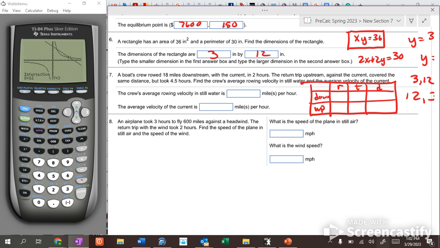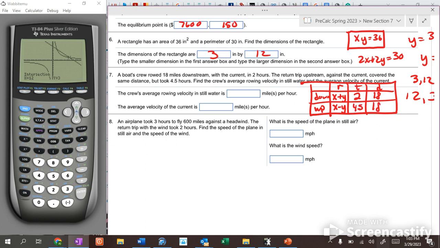Now your rate, if you're going downstream, you don't know how fast you're going, but the stream is helping you. You're going for 2 hours and you went 18 miles. Going upstream, same distance, but your rate is slowed because you're going against the current, so it's x minus y.